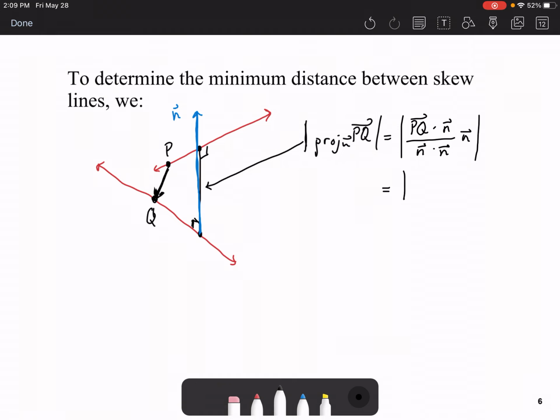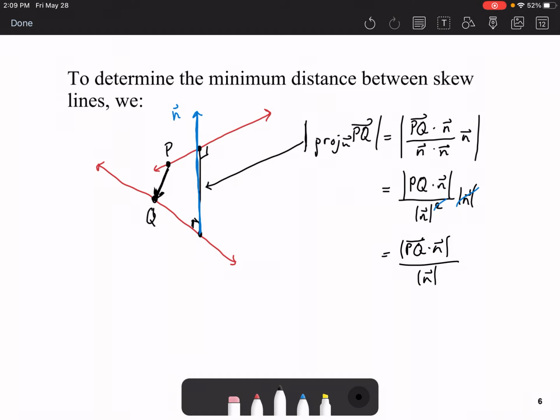Well, I can change these magnitudes to be PQ dot n alone. n dot n is the same as magnitude n squared, and the magnitude of the vector n is still just the magnitude of n. This can simplify further by canceling, to this expression.